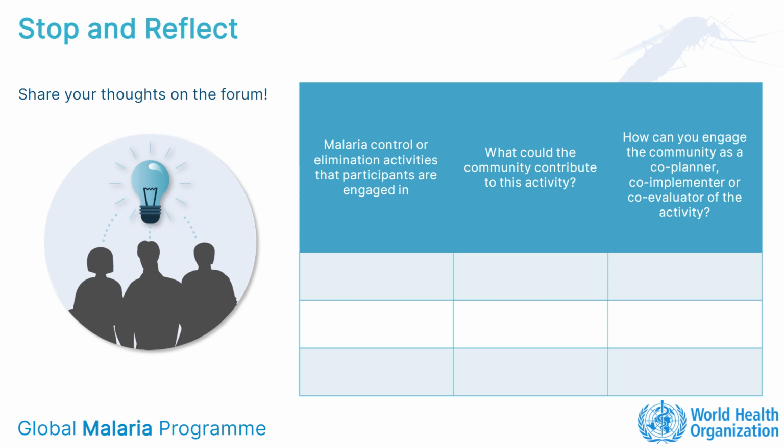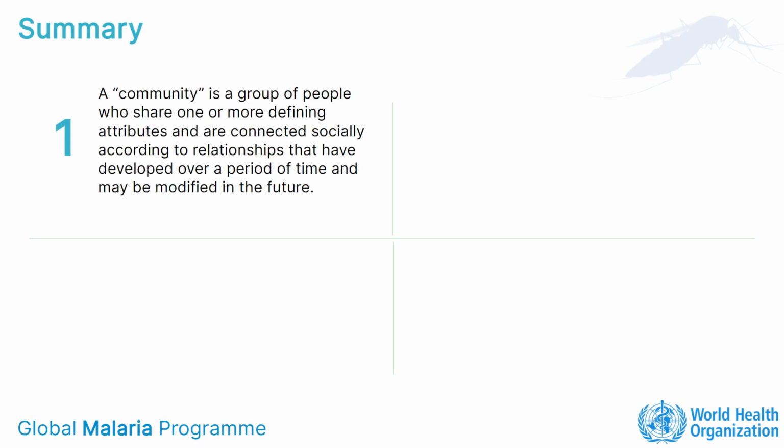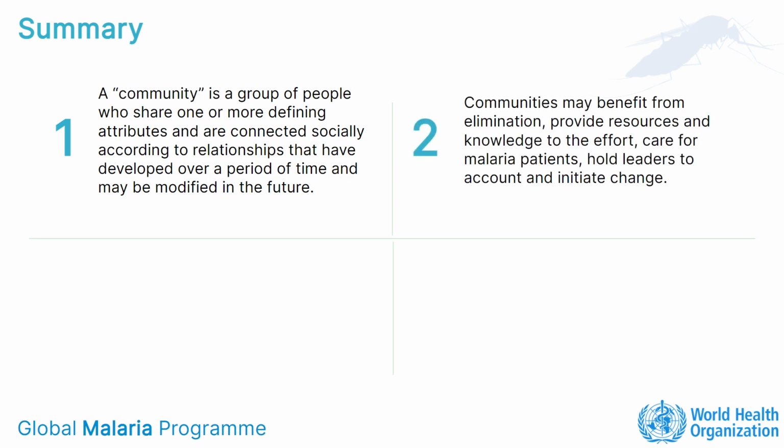In summary, a community is a group of people who share one or more defining attributes and are connected socially according to relationships that have developed over a period of time and may be modified in the future. Communities may benefit from elimination, provide resources and knowledge to the effort, care for malaria patients, hold leaders to account, and initiate change.